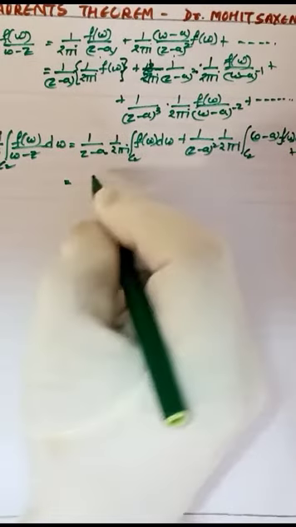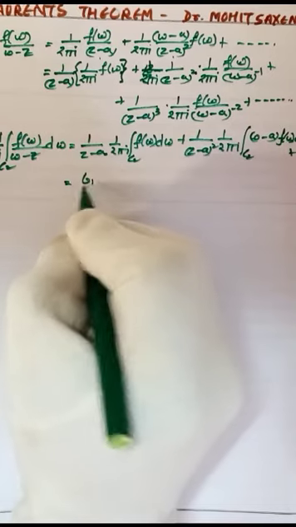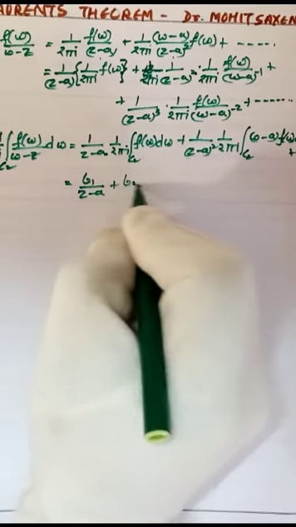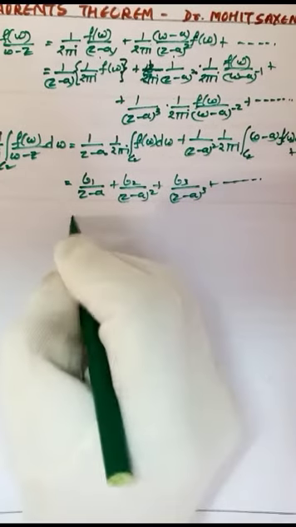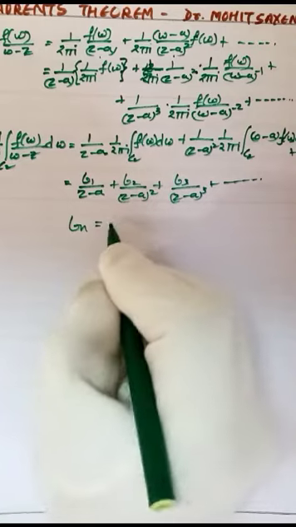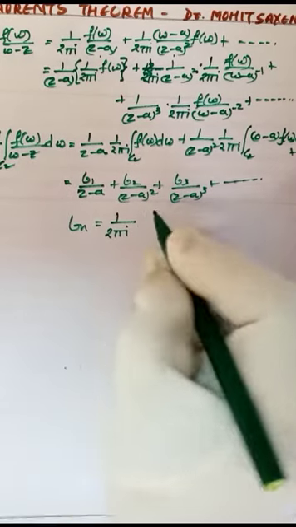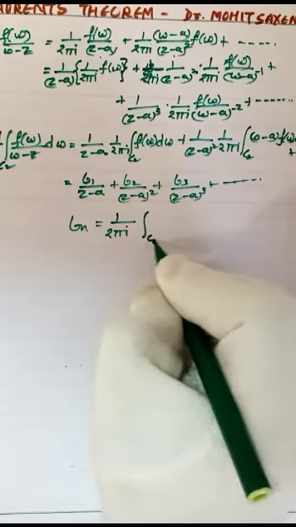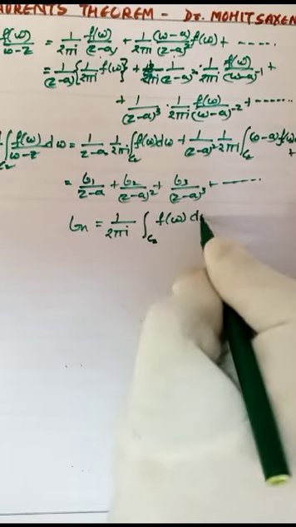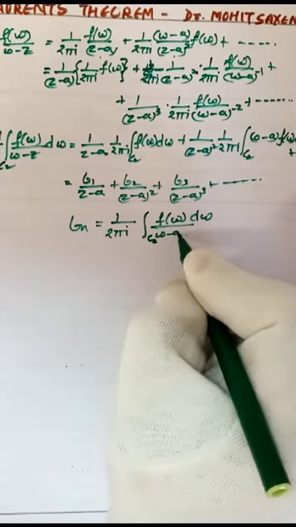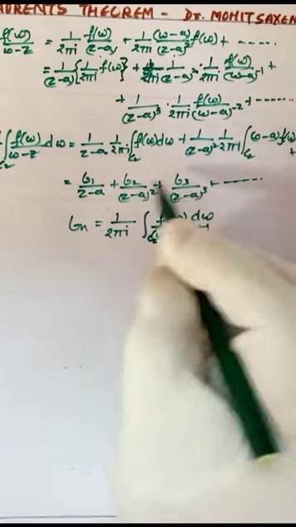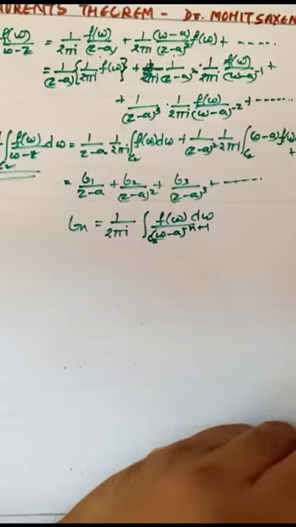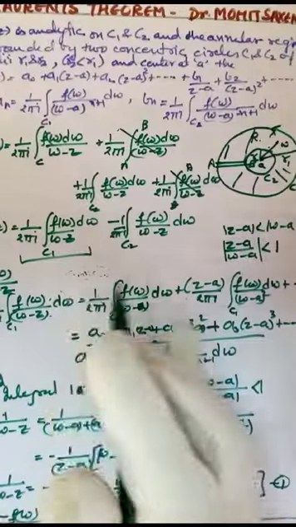So this can be written in the form b1 upon z minus a plus b2 upon (z minus a) whole square plus b3 upon (z minus a) whole cube plus dot dot dot. Here bn is equal to 1 upon 2 pi i integral C2 f of w dw upon (w minus a) to the power minus n plus 1. Now this is the value of the second term of our previous equation.